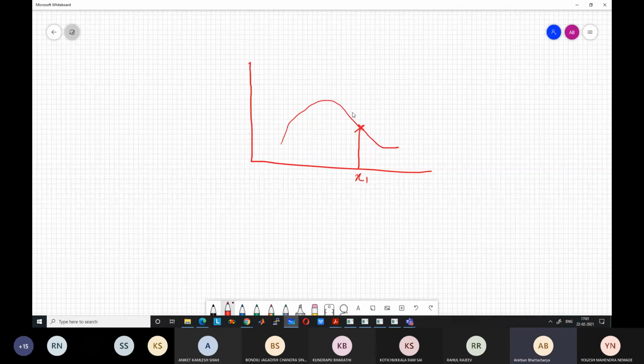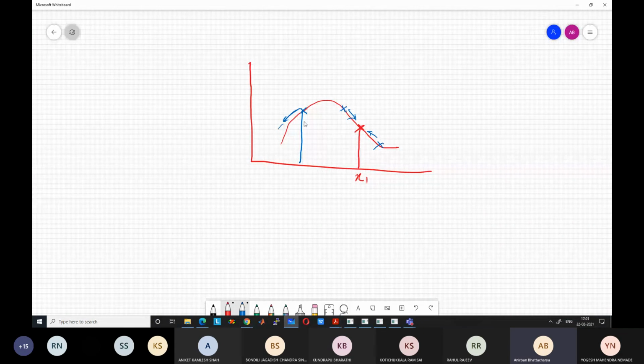Sometimes what happens is that if I take the initial guess somewhere here or here, I will gradually go towards the correct direction and get the correct solution. If my initial guess is here, a very different initial case, then I will go towards this direction, and I will not get the correct solution.